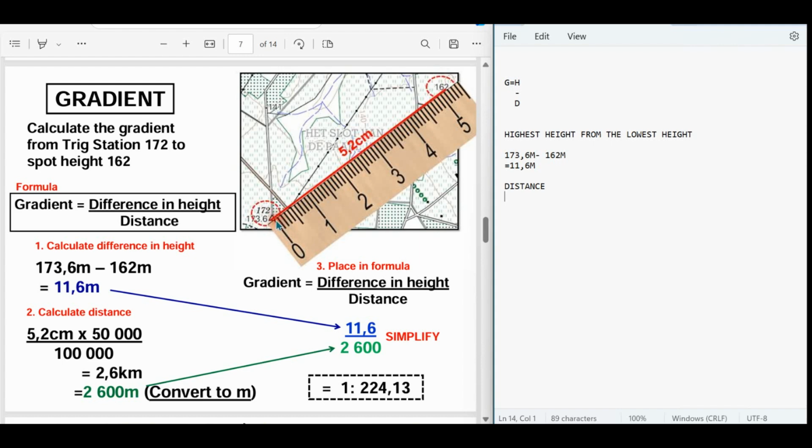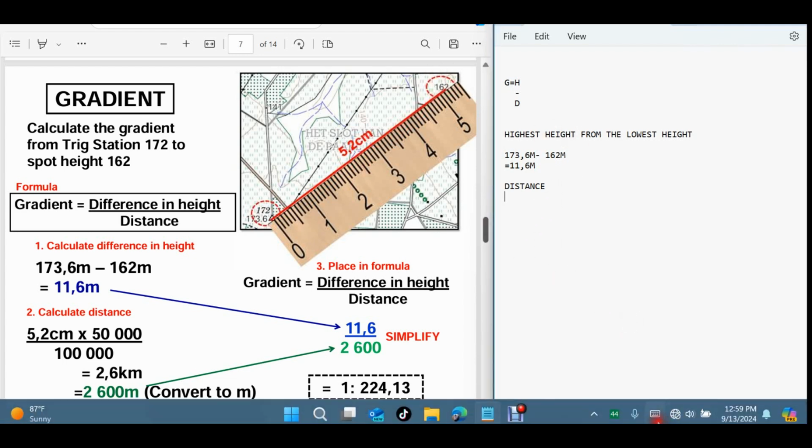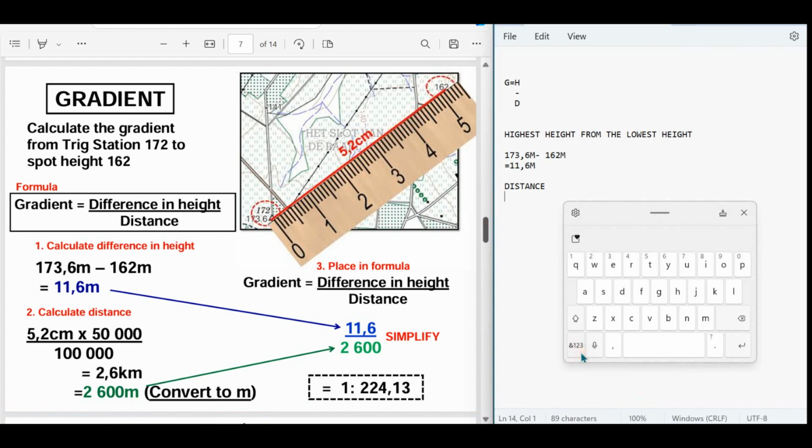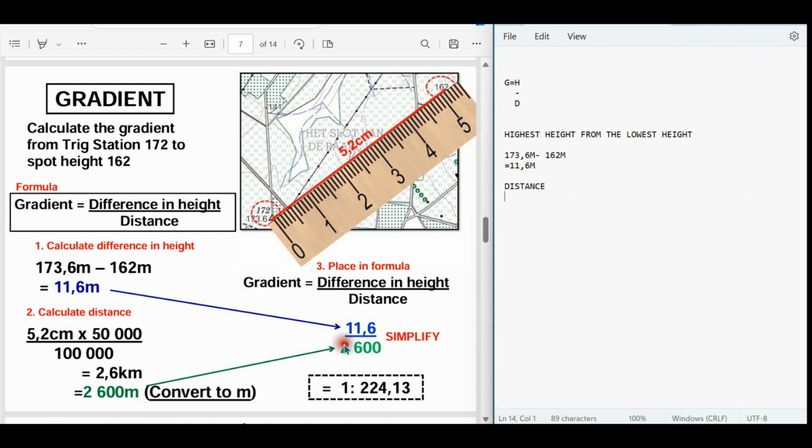Now we need to put the point 0 at our trig station 172 up to spot height 162, because those are the distances that we are dealing with currently. After using a mathematical ruler, we find that the distance is actually 5.2 centimeters.